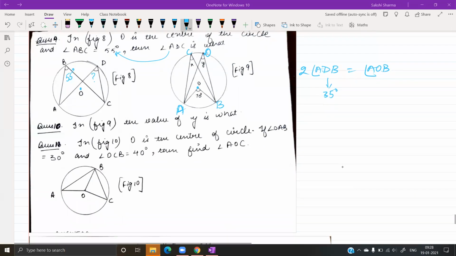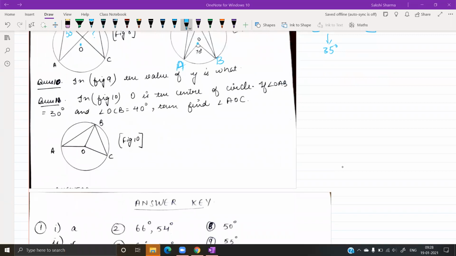Question number 11. O is the center of the circle here. You are given angle OAB as 30 degrees, angle OCB as 40 degrees. You want to find out angle AOC. Now again, there are many ways to do this question. The easiest which I thought of was by considering the two triangles separately.